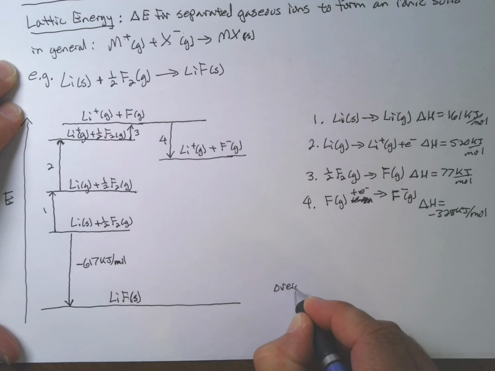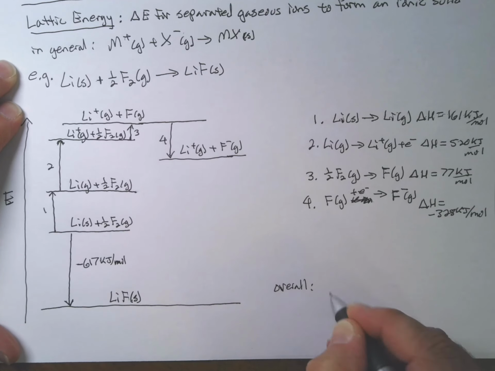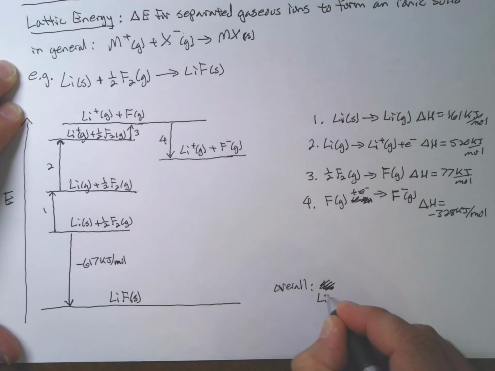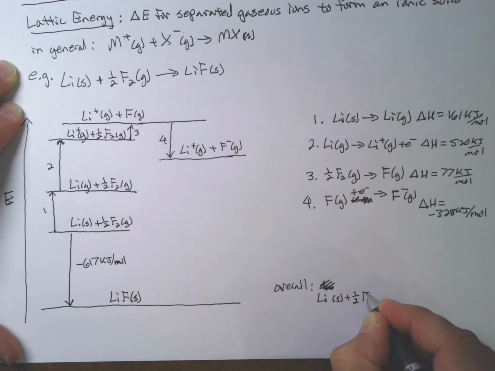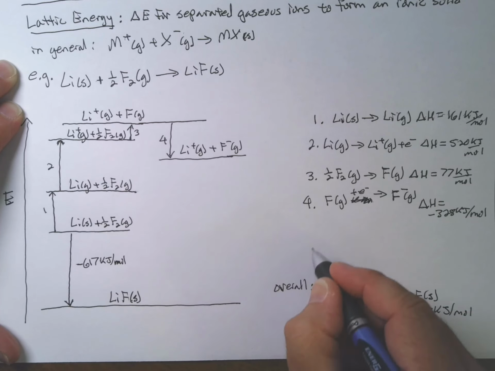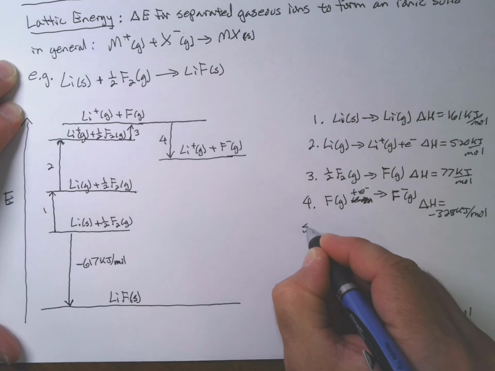So overall, Li solid plus 1/2 F2 gas goes to LiF solid, delta H equals minus 617 kilojoules per mole.